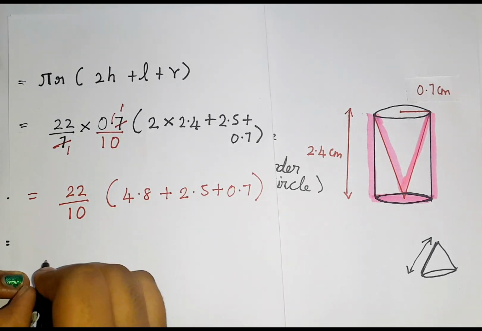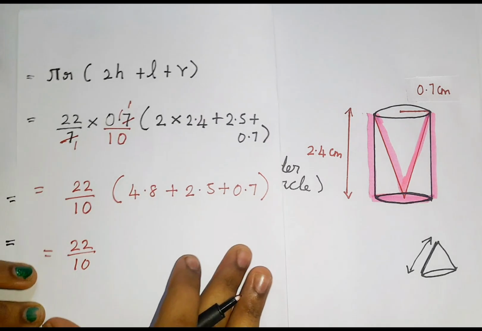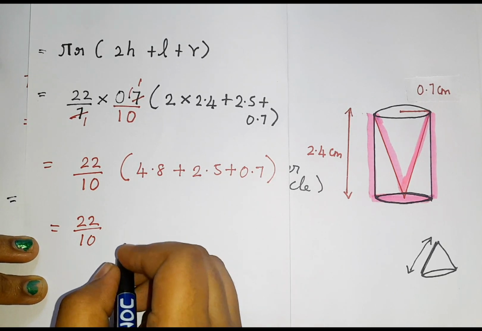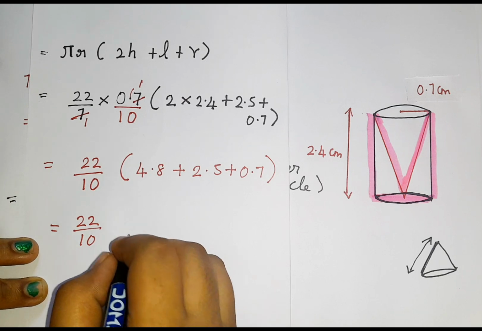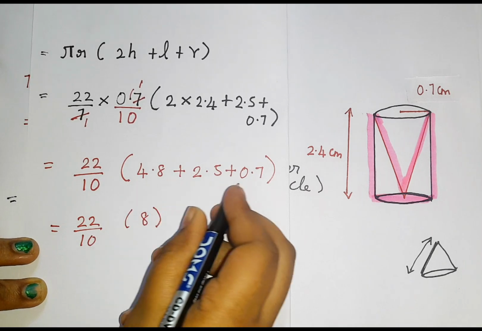Am I right? You can see it, right? Yeah, and then when I just add them, I get 8. Actually I get 8.0, so I can ignore that 0. So now let us write in bracket 8.